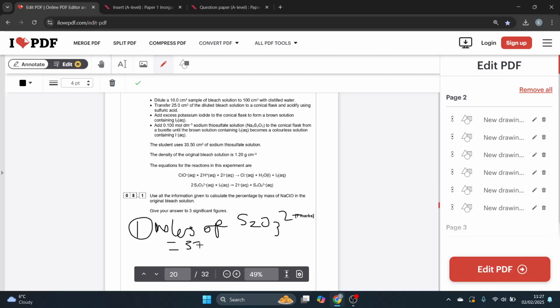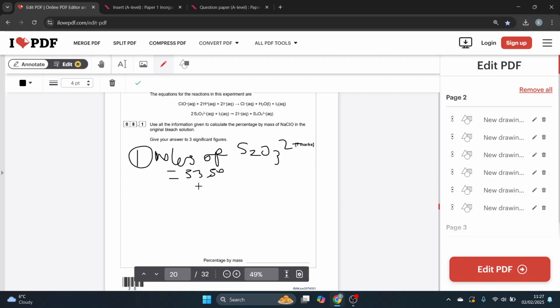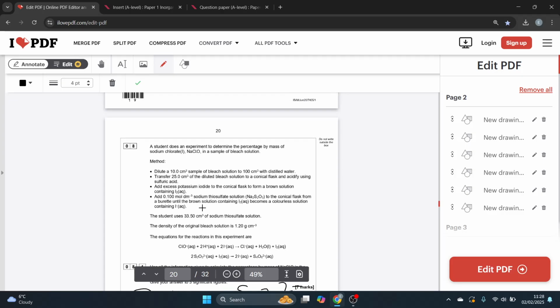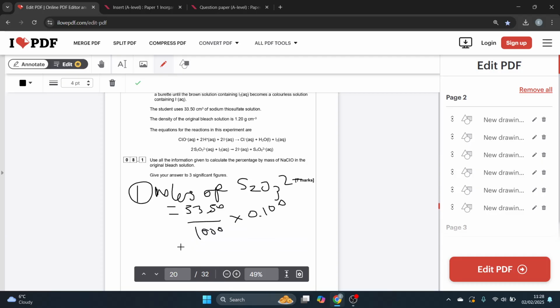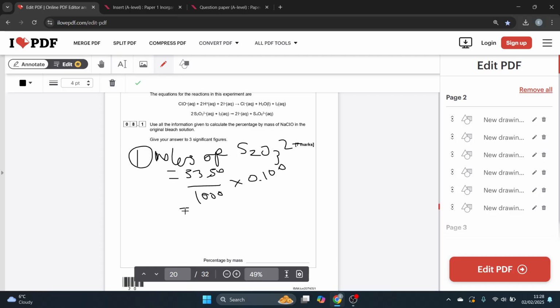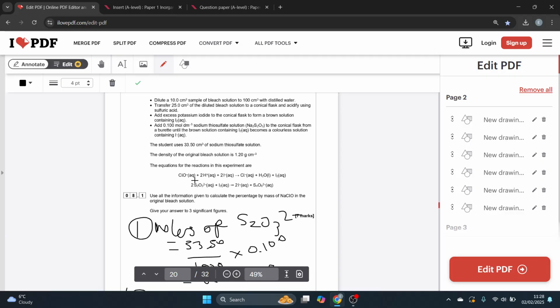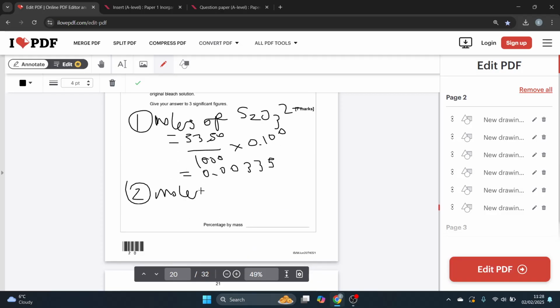This is going to be 33.50 divided by 1000 times by 0.100. And that will give me 0.00335. Then I know, because that is a 2-to-1 mole ratio, I can work out the moles of iodine. The moles of iodine is just going to be 0.00335 divided by 2. I'll just leave it like that.